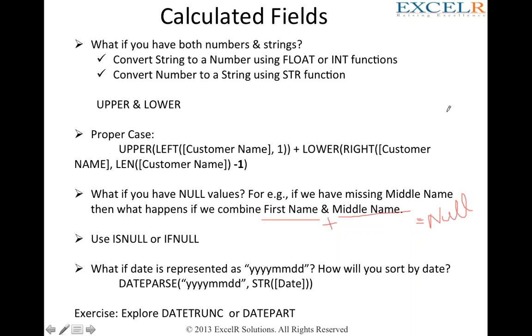It will return null. Even if you have first name plus middle name, and the middle name is missing or null, still the end result would be null. And when you use functions such as ISNULL or IFNULL, this problem would be solved.